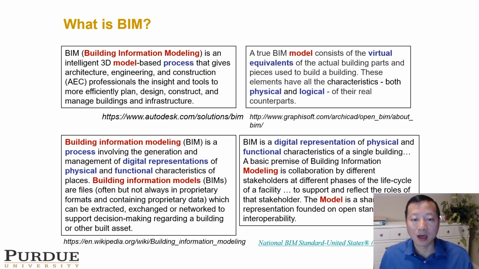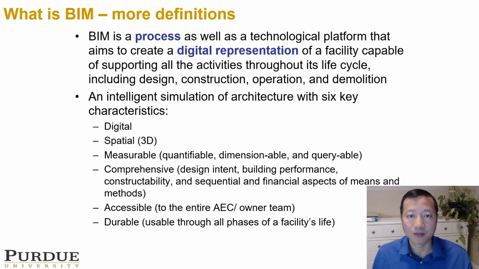We also see keywords such as process, digital representations, virtual equivalents, and also keywords such as physical and functional characteristics. So let's summarize and paraphrase the definition of BIM from our perspective.